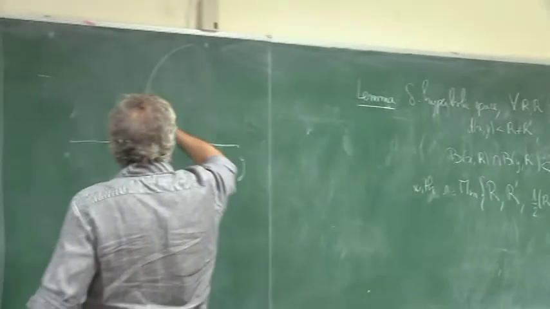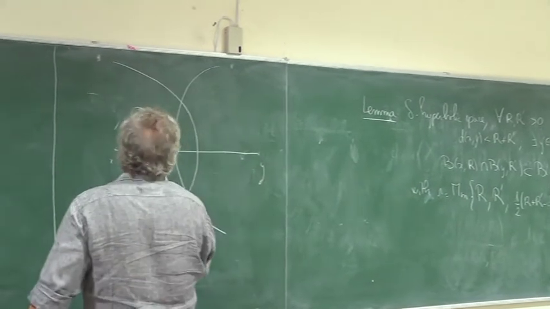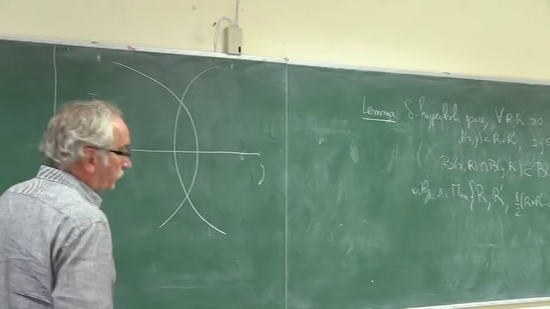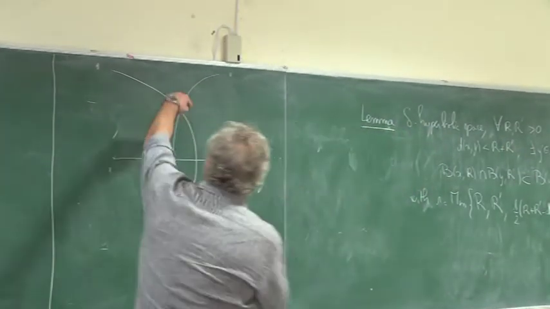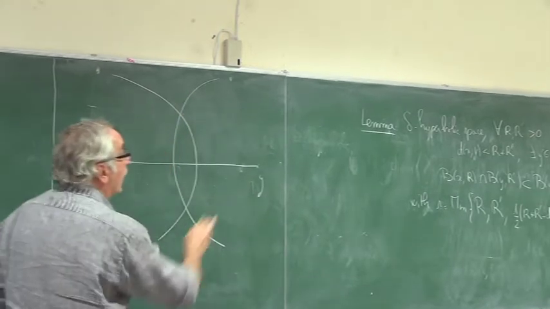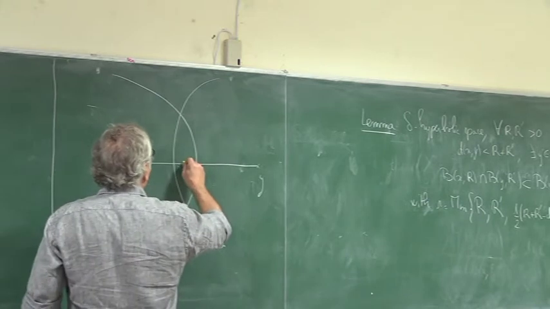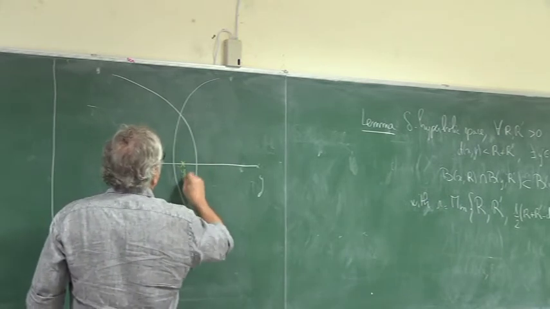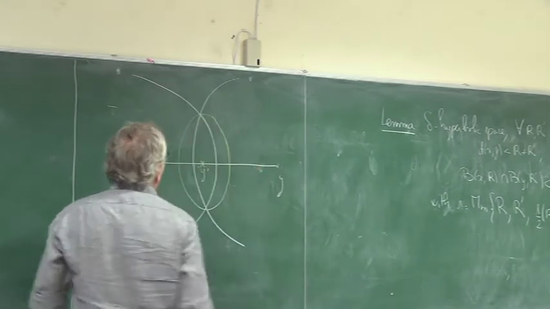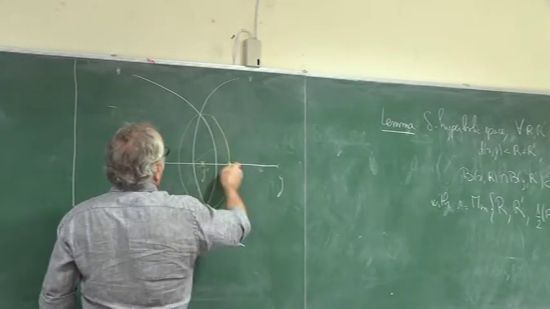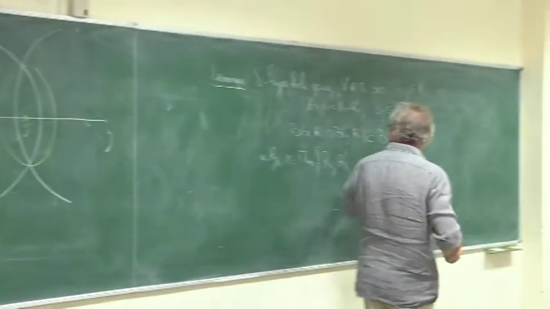If I draw the ball of radius r around y and the ball of radius r prime around x, they intersect. And the question is, how big is this intersection? The theorem says that in a delta hyperbolic space, there is a point, so that this intersection is included in a rather small ball, in a ball of radius small r obtained like this.